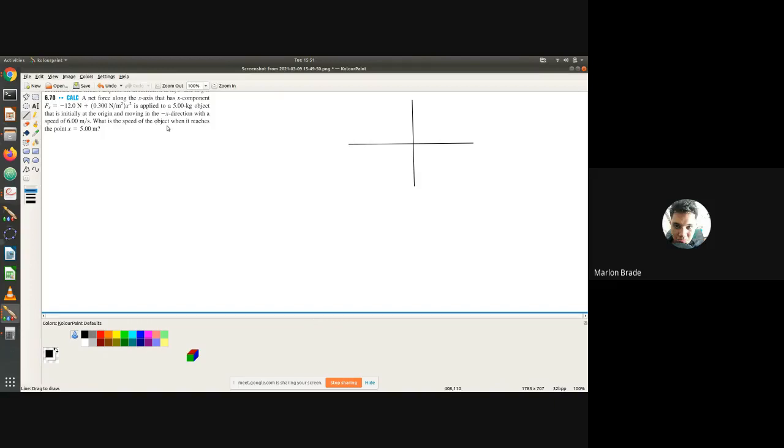What is the speed of the object when it reaches the point x equals 5.0 meters? Okay, let's understand the problem first.